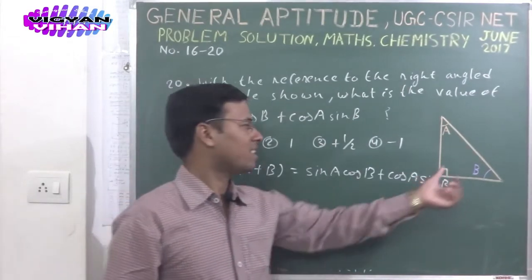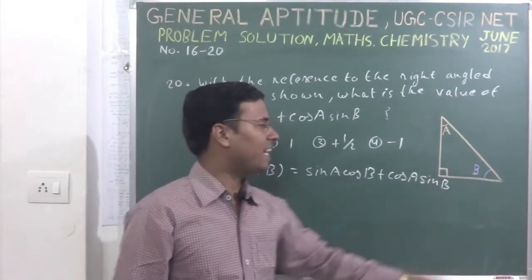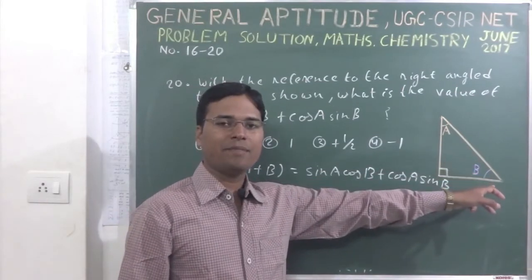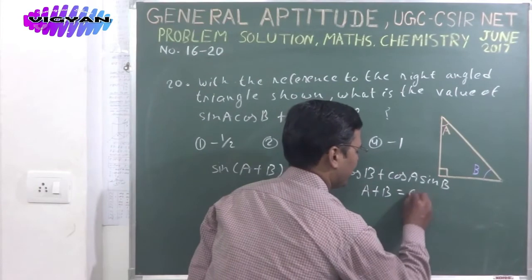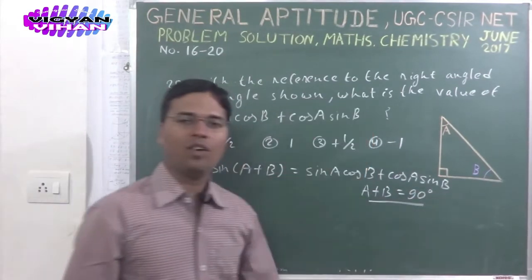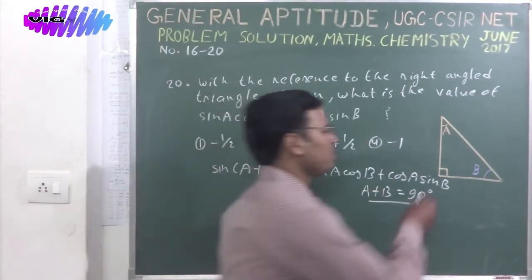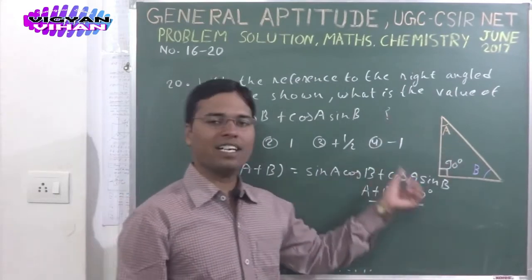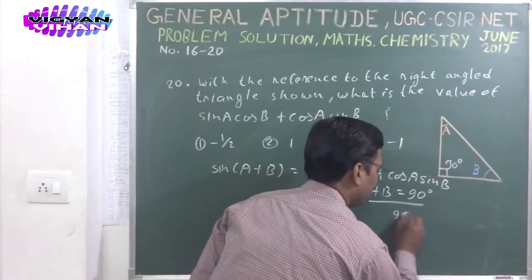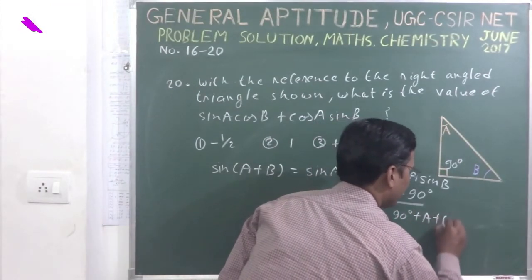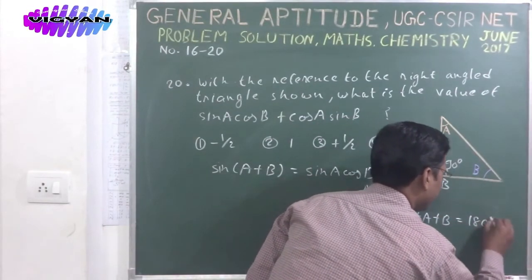We know that for a right angle triangle the sum of the remaining angles A plus B is 90 degrees. Or simply from the total of the three angles of a plane triangle, you can easily calculate 90 degree plus A plus B would be equal to 180 degree.